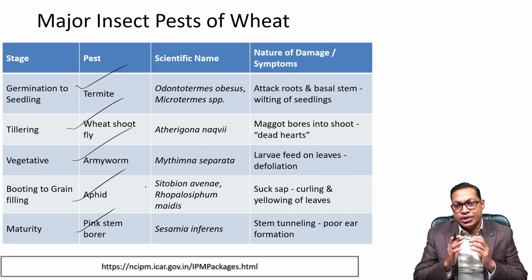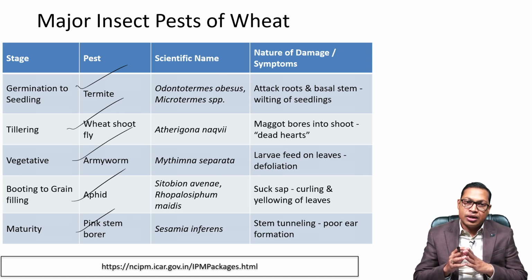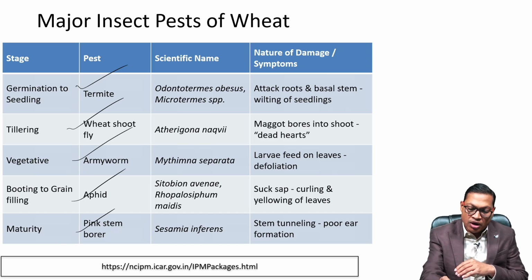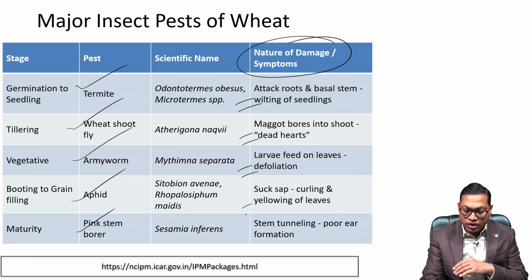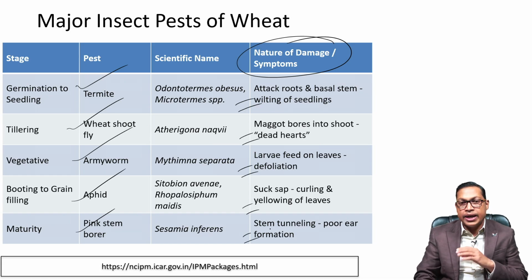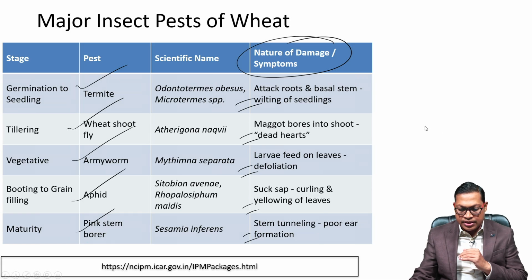So, these are the major problems of wheat. We have to manage all of these; they have different natures of damage or symptoms. So, we have to see the damage, then decide if it is at the ETL, economic threshold level limit, and then we will go for the management of all these insects.